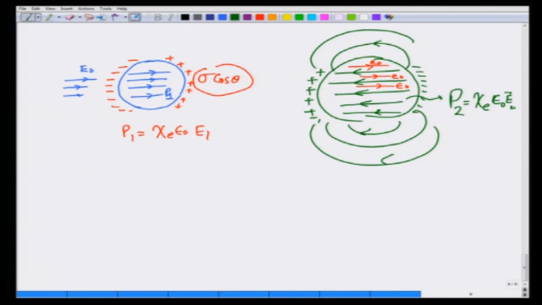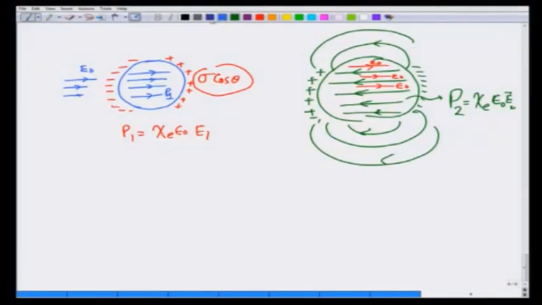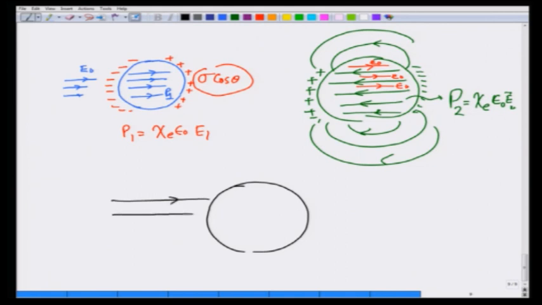I could go on solving this problem by this iterative method, or assume right in the beginning that the effect of this applied field E 0 is that it produces a net polarization P in the same direction in this sphere.